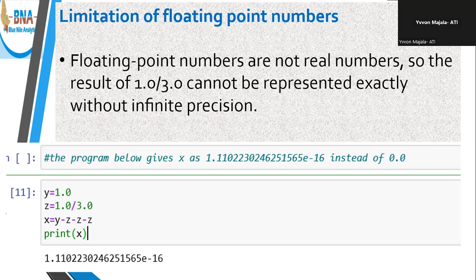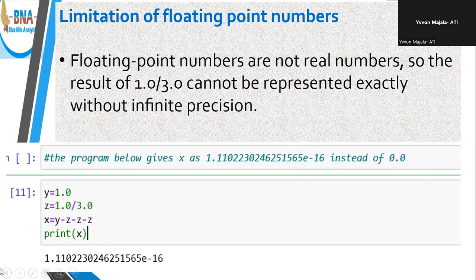The program below gives x as this very long number instead of 0.0. As you can see, y is 1.0, and then z is 1/3. So x is y minus z minus z minus z, that is, 1 minus 1/3 minus 1/3 minus 1/3, and then you print x.